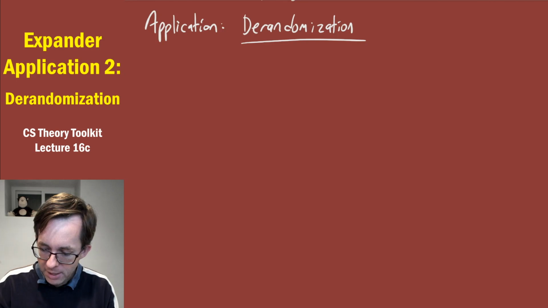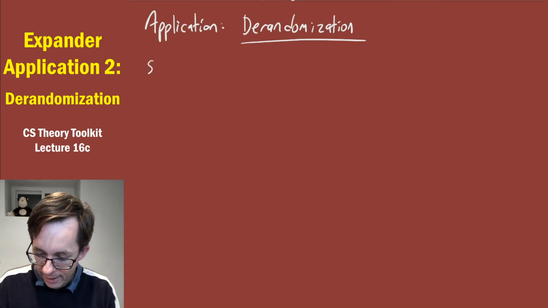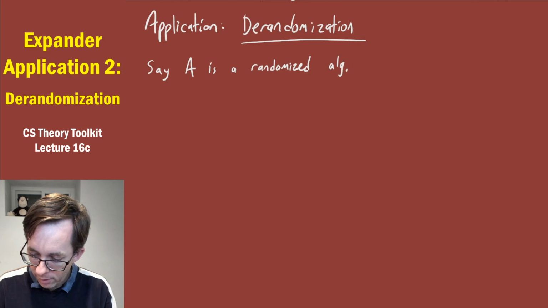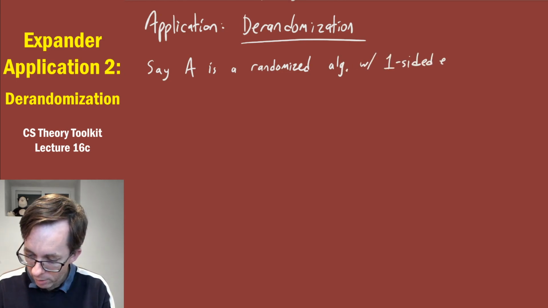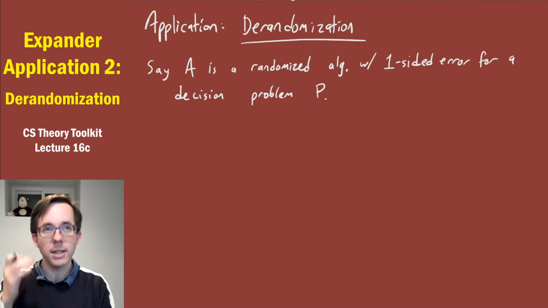So to set this up, let's set the stage for a very simple randomized algorithms derandomization problem. Let's say that A is a randomized algorithm with one-sided error, like an RP style algorithm, for a decision problem P. Normally I don't like to use the letter P for a decision problem because it reminds one of the complexity class polynomial time.